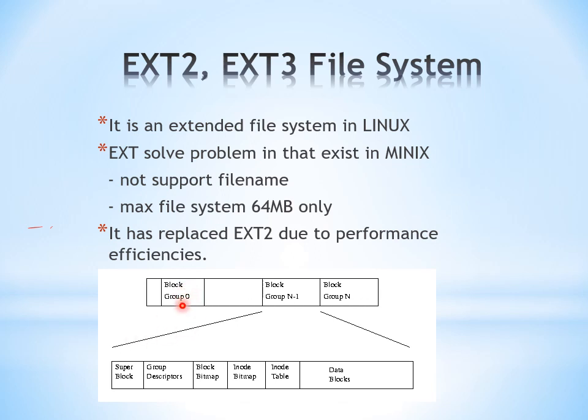This is block group 0, and we have until block group n minus 1. In each particular block group, they have a super block, group descriptor, block bitmap, inode table, and also the data blocks. Normally block 0 is for the booting process.